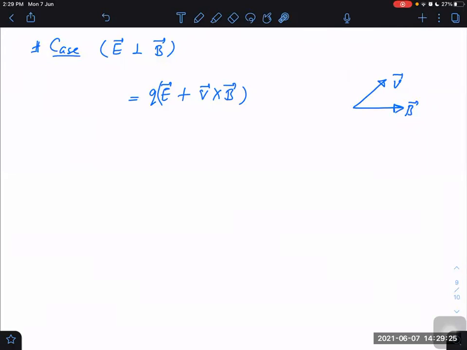But among those cases, the special case is when this net force comes out to be 0. Always it will not happen like that.